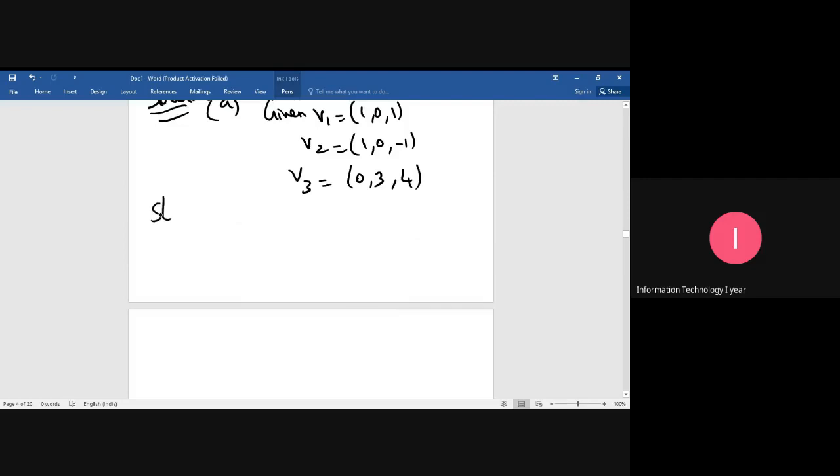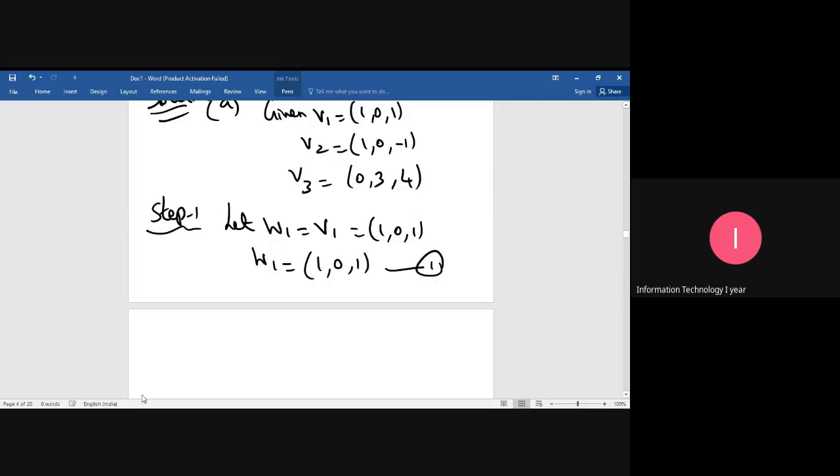Step 1: let W1 equal B1, the first vector, 1 comma 0 comma 1. So W1 is 1 comma 0 comma 1. Take it as equation 1. Step 2: find W2.